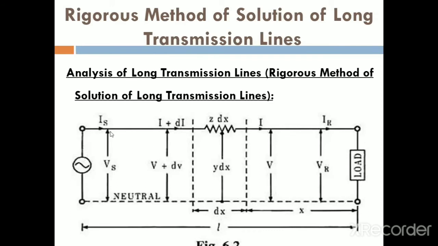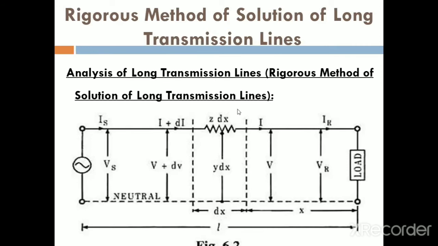Next, vs is the sending end voltage and is is the sending end current. After that, vr is the receiving end voltage and ir is the receiving end current.